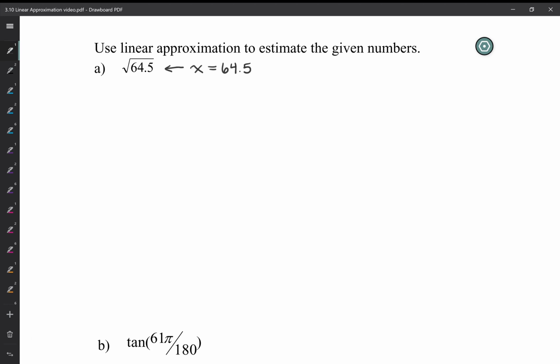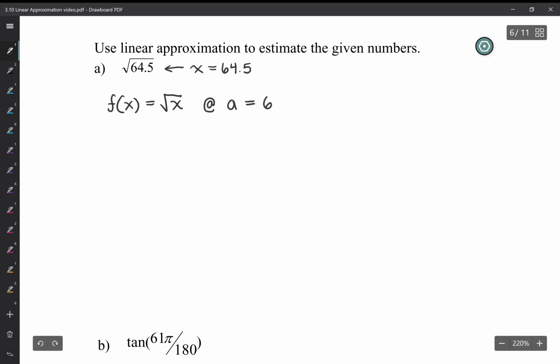So if we need to identify the function, we have f of x is equal to the square root of x, and we're going to approximate this linearly at a is equal to something close to 64 and 5/10, but easy to take the square root of, which would be 64. So now we can find f of 64, which is equal to the square root of 64, which is 8.